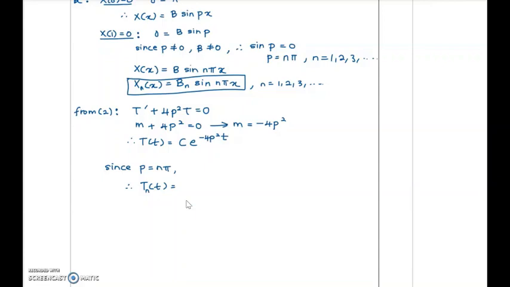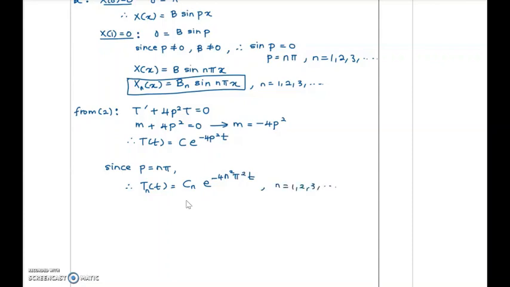So Tn equals Cn, exponent negative 4, p is n pi, so we have n squared pi squared. Don't forget the small t. n equals 1, 2, 3, and so on and so forth.